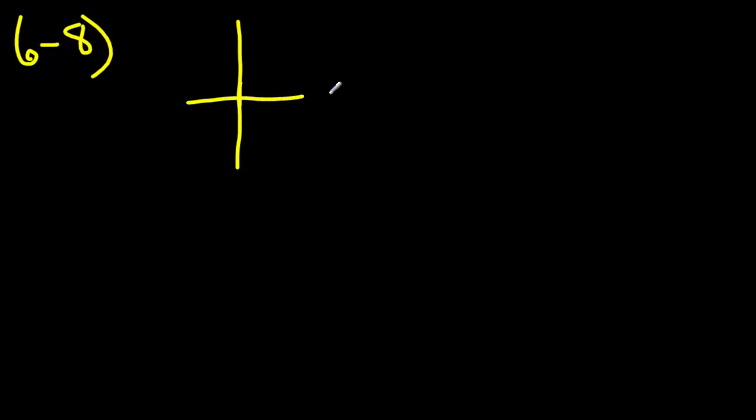The first problem that I want to go over is 6-8. 6-8 is a good problem. So we'll go with 6-8, and we're given a cosine graph, which looks like the following.